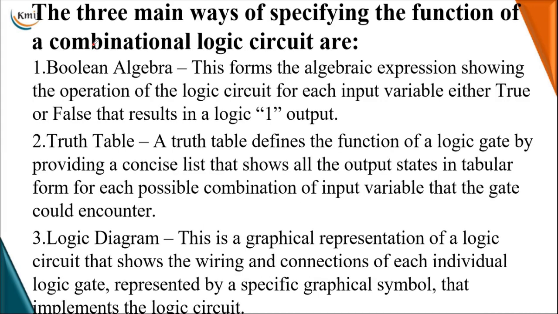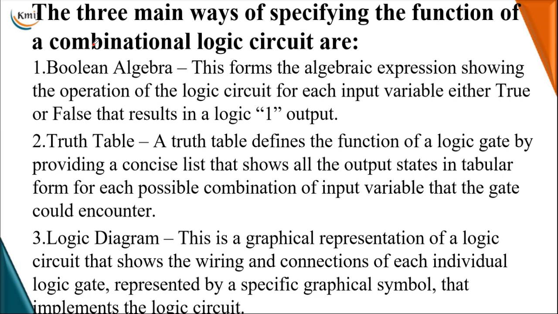There are three ways to represent a function and to design combinational logic circuits. The first way is Boolean algebra. The second way is the truth table form. The third way is the logic diagram. In Boolean algebra, we have algebraic expressions of the outputs, which directly give the relation between input and output.